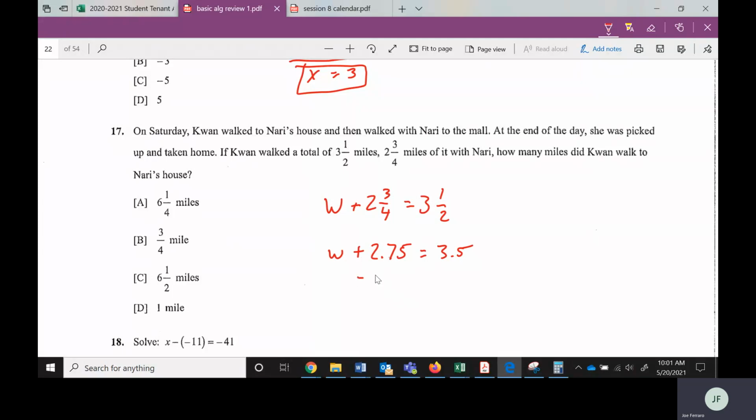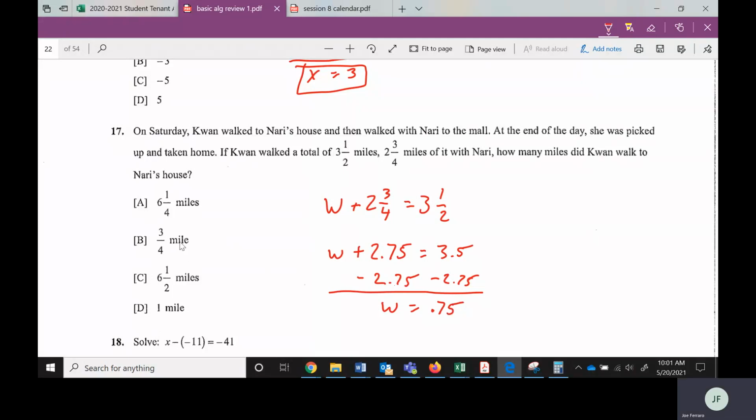Now you just solve. We're adding 2.75 to what she walked in the beginning. So to solve, we subtract 2.75. Okay. So when we solve that, 3.5 minus 2.75 is 0.75.